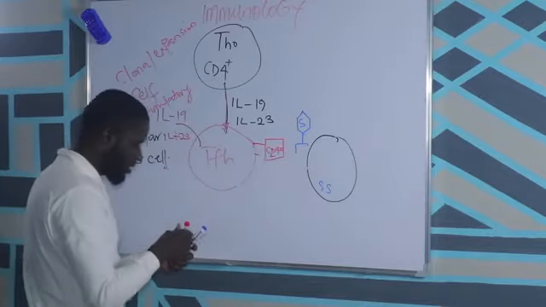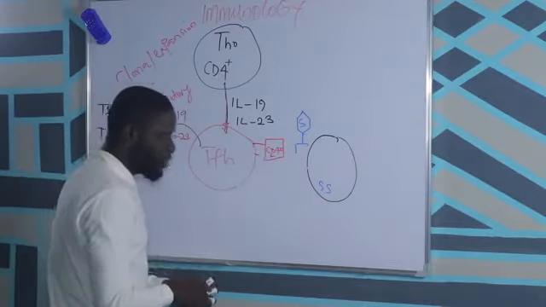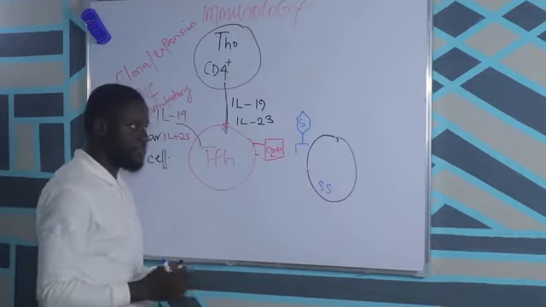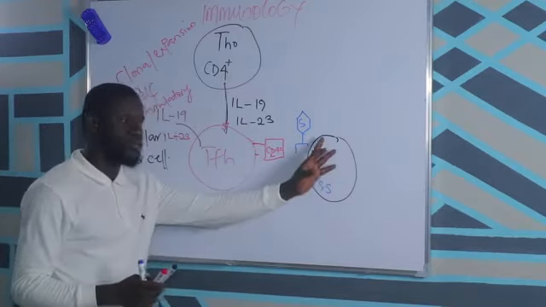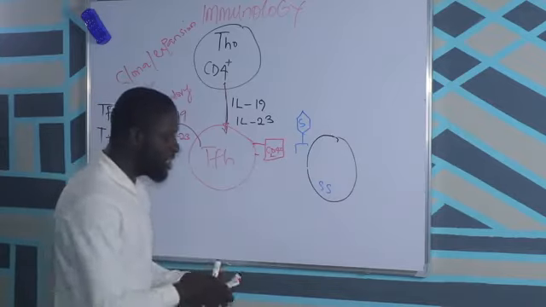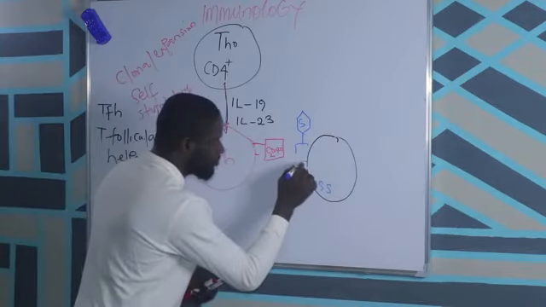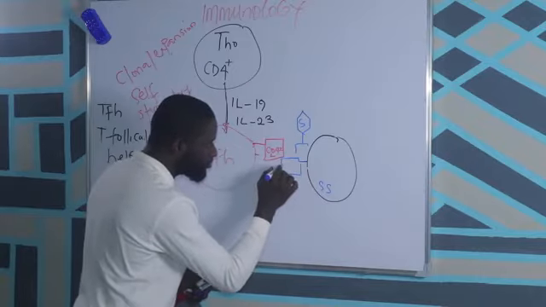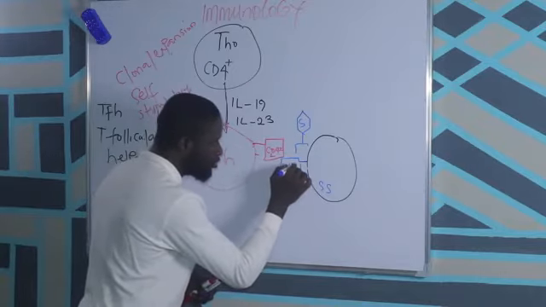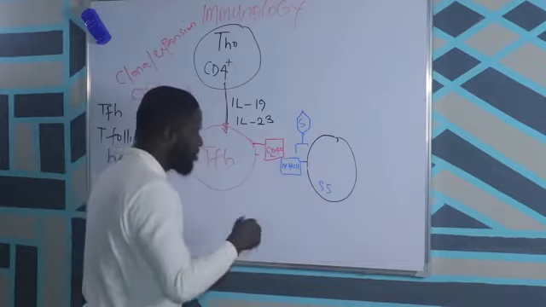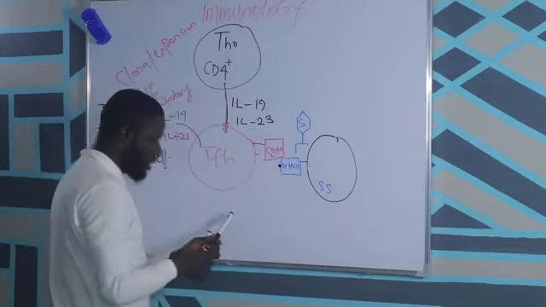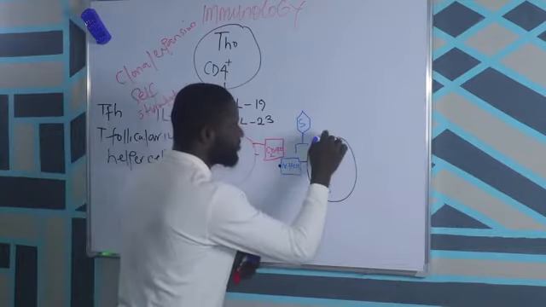And on the body of the B cell, because it's an antigen presenting cell, and what do we say an antigen presenting cell is? An antigen presenting cell has both MHC1 and MHC2. So we have the viral peptide here, and MHC1.